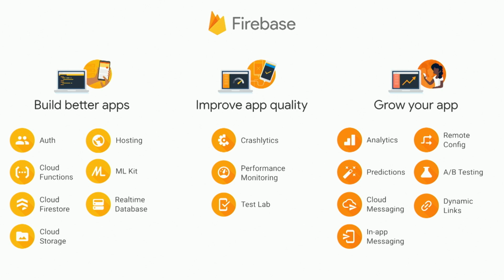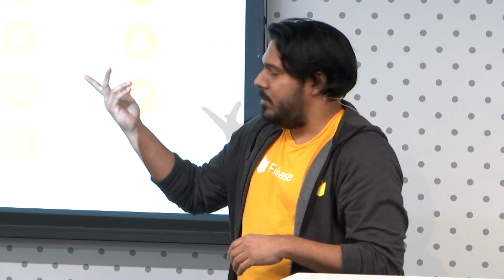To give an example of why these might be useful for mobile application development, we can look at the first one there, all the way at the top left, which is authentication, right? So if you're building a mobile application, you probably have to deal with authentication, right? Getting your users authenticated, knowing who they are, persisting their experiences. And that can be a difficult problem to solve because there's a lot of different authentication providers out there.